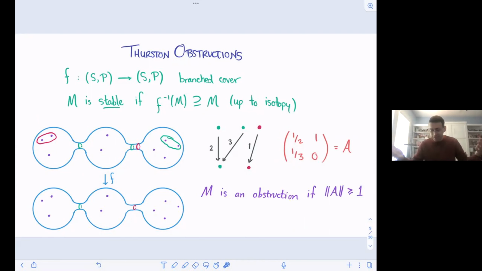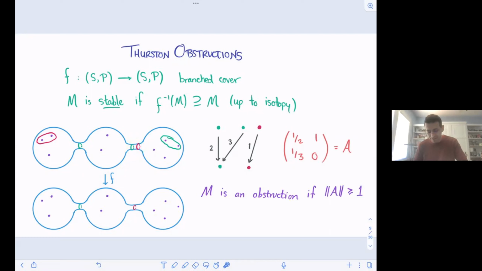You take 1 over the degree, and you add together 1 over d for each one if you see two of the same color next to each other. That's how you get the matrix. I'm happy to explain the exact detail, but hopefully you can believe that there's some matrix going on.